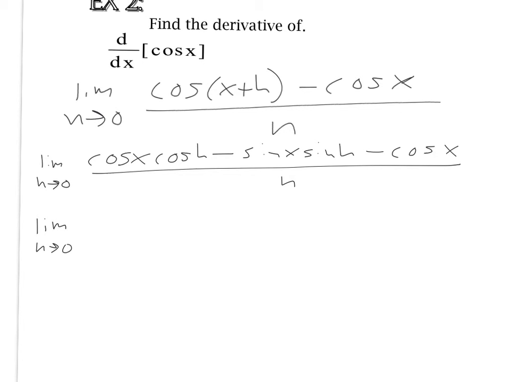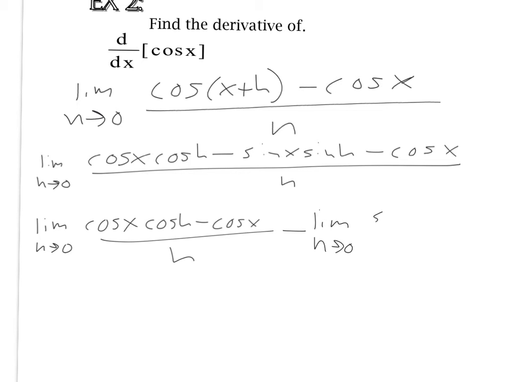So let's put the cosine x's in front. First of all, I noticed that these two I could write together. So I'll go ahead and write it like this. And that leaves me with just this part here. So I'm actually going to write minus the limit as h approaches 0 of sine x sine h.